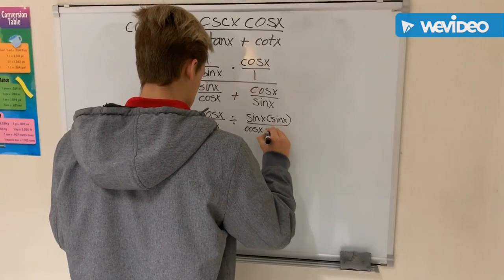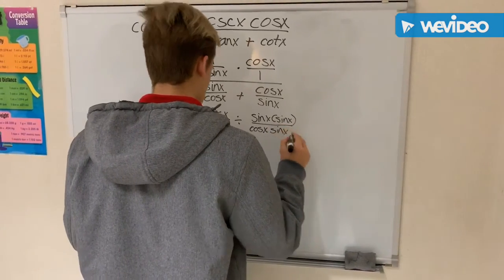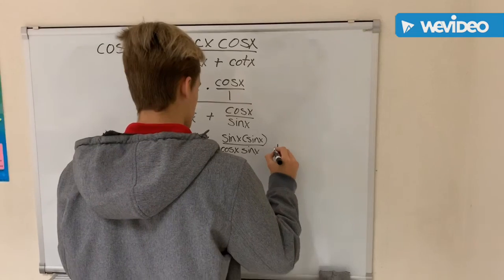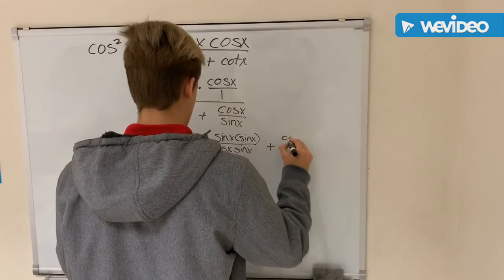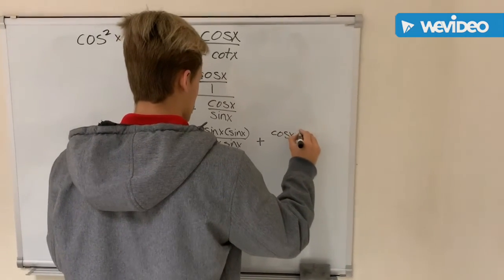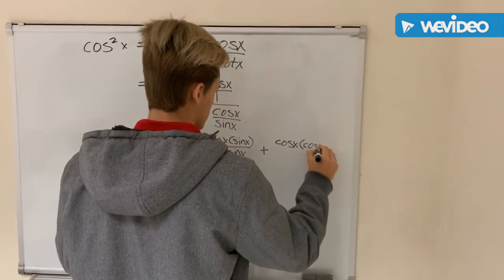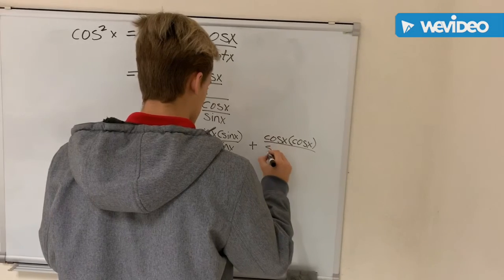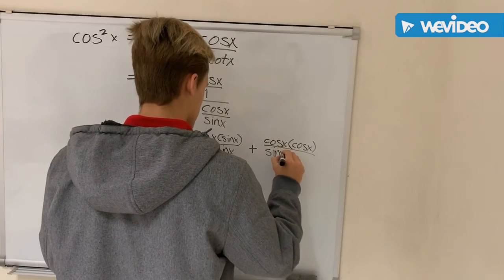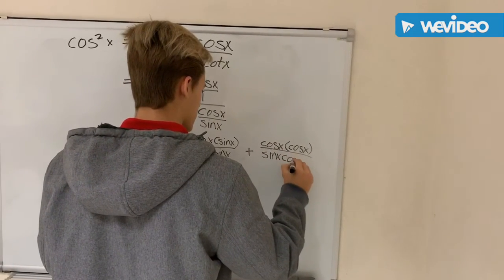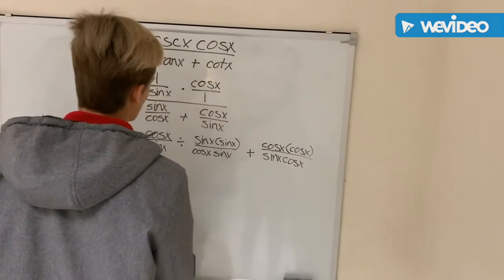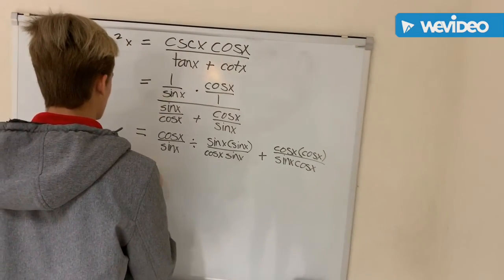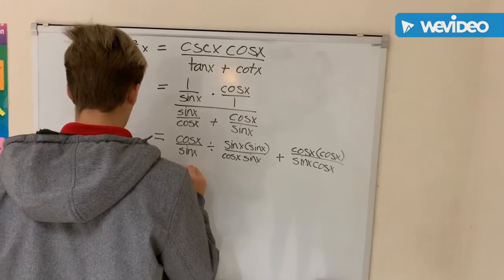So what we're trying to do here is get a common denominator so we can factor out like numbers. We're going to add cosine x times cosine x over sine x times cosine x. So we're still getting the common denominator, trying to get a common factor in the denominator. So now we can factor.